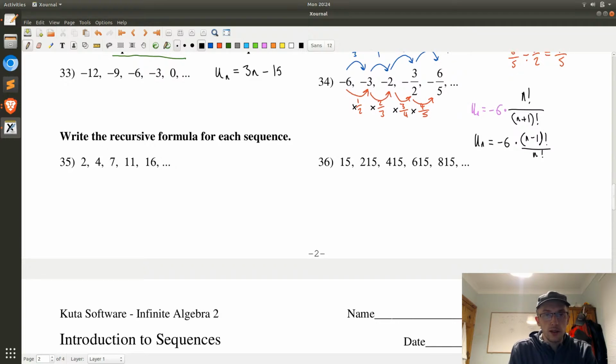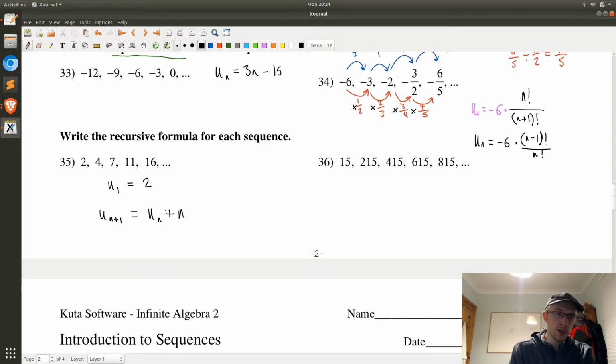Anyway, recursive formula for each sequence. 2, 4, 7, 11, 16. The gap is 2, 3, 4, 5. And the initial term is 1. Is 2. So u n add 1 is equal to the prior term, but I want the second term, and so I have to add on. Isn't it just simply this?